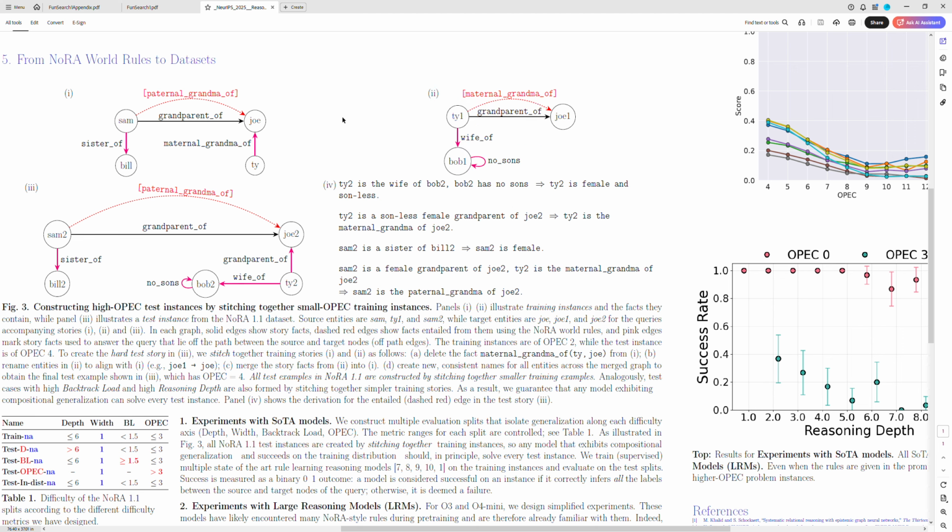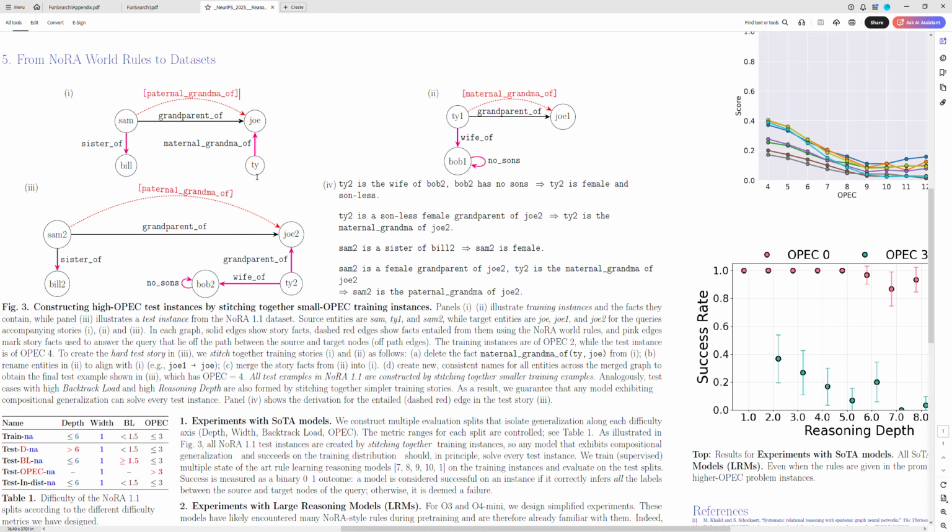By gluing together, I mean, first we will align the names in these two stories. We will combine these two stories by aligning these nodes. So Joe1 and Joe2 are glued together and made into the same entity. Likewise, Ty1 and Ty2 are glued together and made into the same entity.